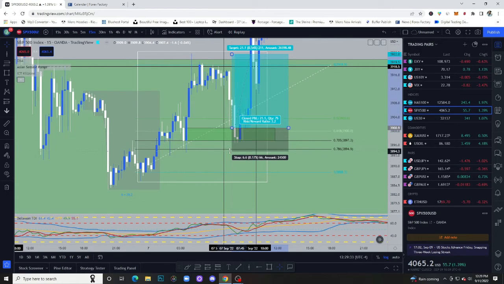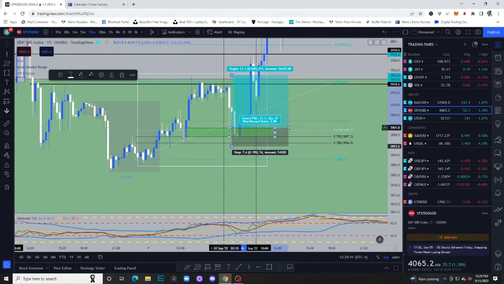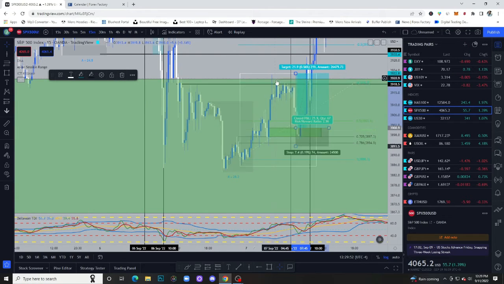Put our stop loss below the low of this candle right here. So we have a 7 pip stop loss. Basically you can set your take profit for the highs over here. And remember, this is that dealing range that we marked on the hourly time frame.